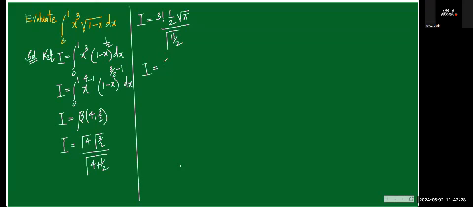Value of 3 factorial is 6 into 1 by 2 root pi divided by gamma 11 by 2 can be simplified like this: 9 by 2 into 7 by 2 into 5 by 2 into 3 by 2 into 1 by 2 into root pi. And root pi cancel, this 1 by 2, this 1 by 2 cancel. Correct? Finally simplify करके बोला.